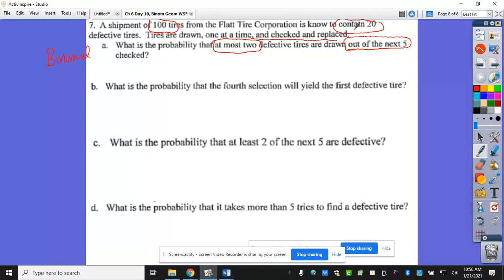Why did it give me the 100 and the 20? So probability is 0.2 for all of these. For part A, my n is what? And I want P(X is, and so you do this one as CDF and you end up getting 0.9421.